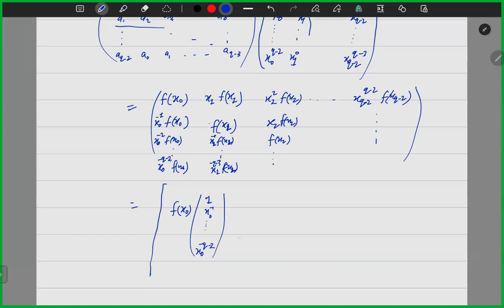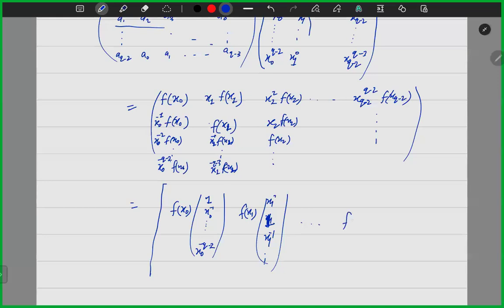This is your first column. The second column was F(X1), and here you have 1, X1 inverse, and so on.